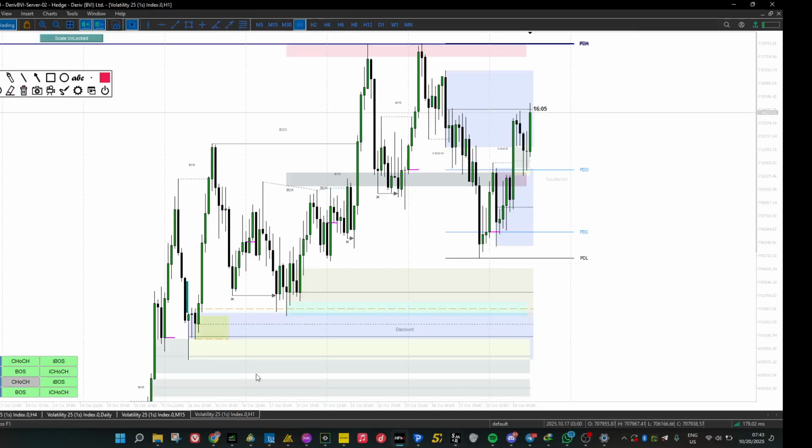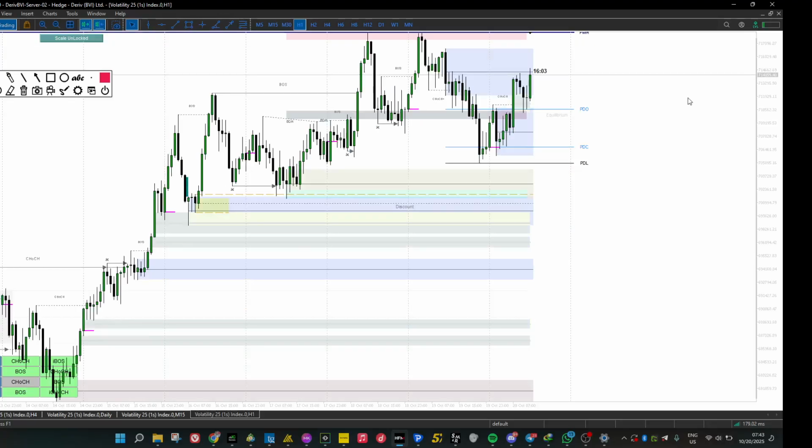Going down to the 1 hour time frame, just a little bit more refinement, but the same type of price action. We traded down, created a bit of a manipulation on the daily time frame. We didn't quite make it to run the previous daily low, but we manipulated here and came all the way back up. Now we're still in premium price action.